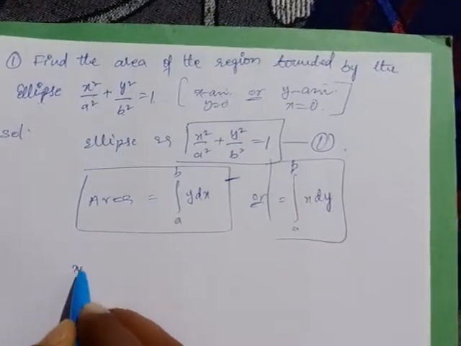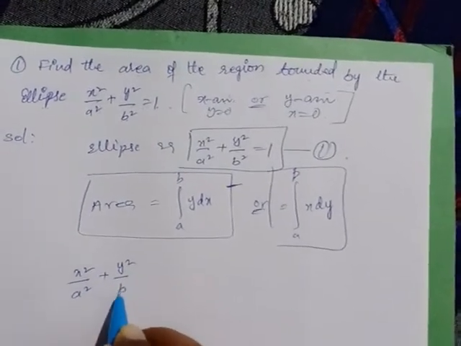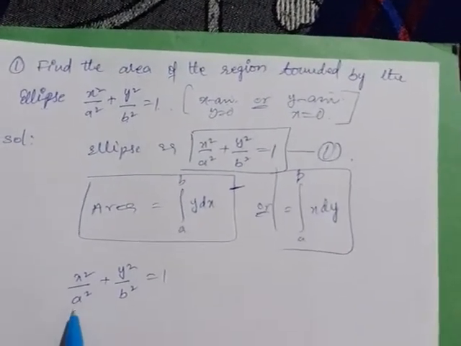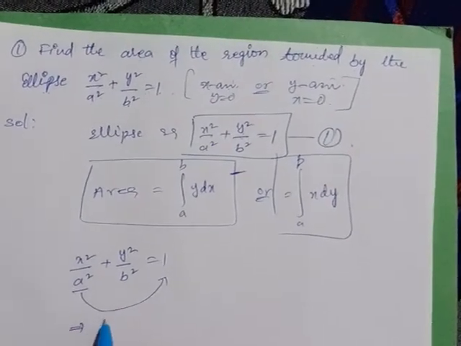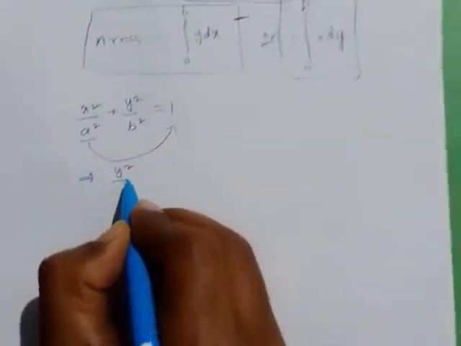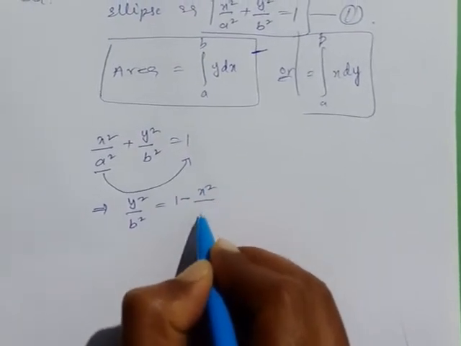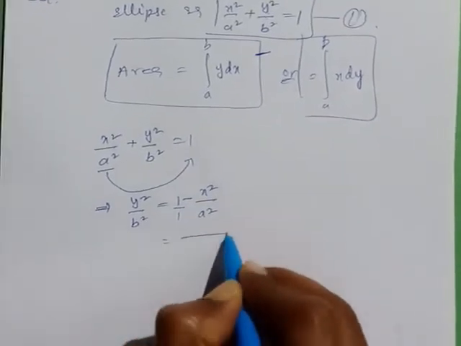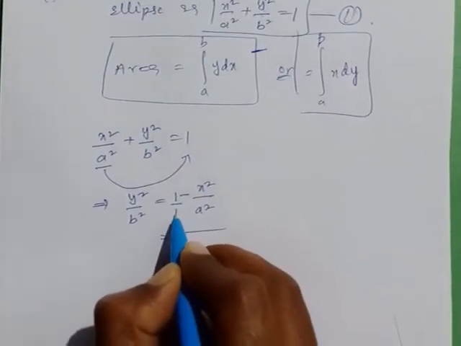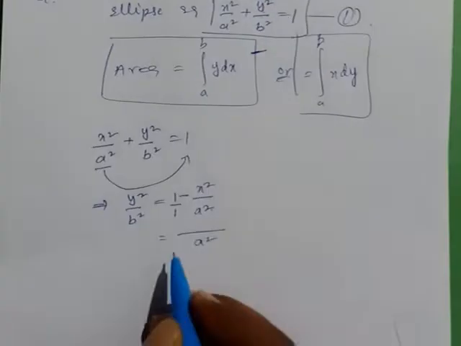That's why x square by a square plus y square by b square is equal to 1. So transfer this term to the other side. That is equal to y square by b square is equal to 1 minus x square by a square. Here the denominator is 1, so LCM: first denominator is 1, second denominator is a square, LCM is a square.